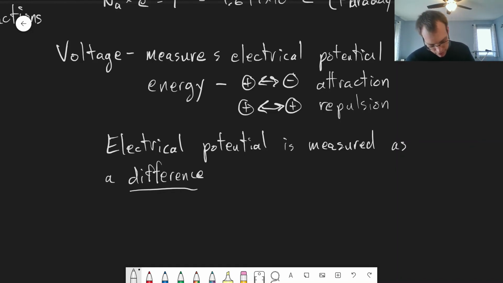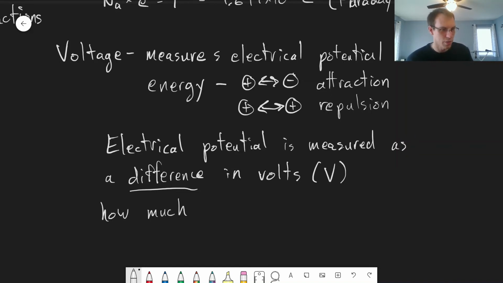It's always a difference, and it's measured in the unit of volts, which we write as capital V. The way to think of this is a measurement of how much work is needed to move a charge through a circuit, or how much work can be done by that charge when it moves through a circuit.